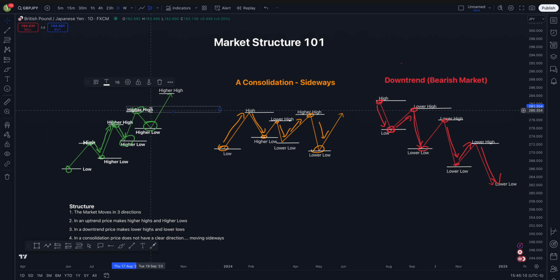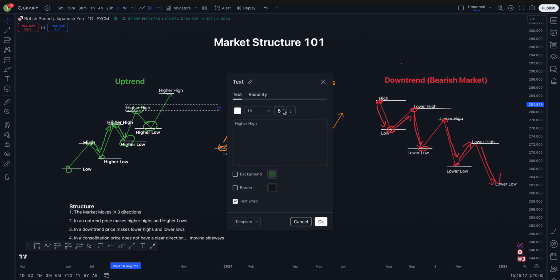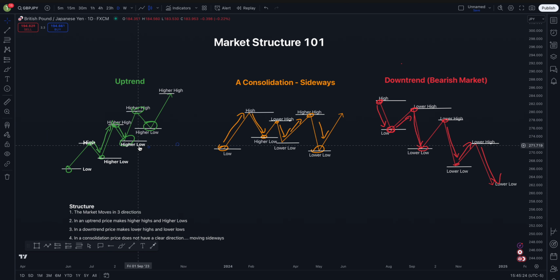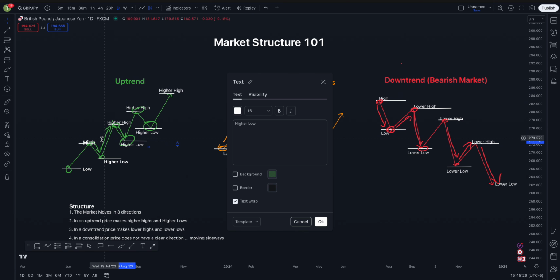And this is the holy grail of understanding how and when to take your trades, guys. So please, I'm begging you, if there's anything you understand about trading, try your best to understand market structure.